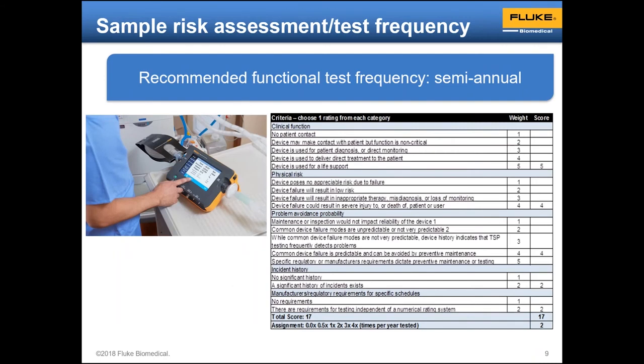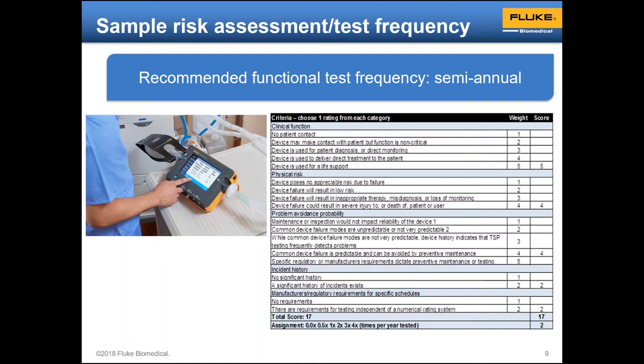Remember, yesterday we talked about answering the question not only of what test method and standard we should use, but we also asked ourselves, how often should we test? This worksheet is what the University of Vermont Biomed Department here in the United States uses to determine a risk-based inspection frequency.